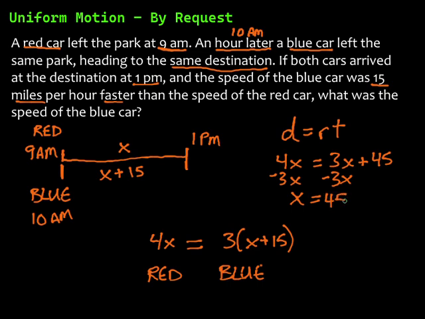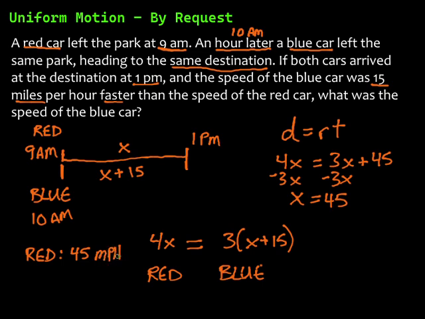Now, this is where it's nice to have that picture so we know what x stood for. That 45 is the speed of the red car. So we know the red car was traveling at 45 miles per hour. It didn't ask us for that, but that might be handy. It's just some good information.